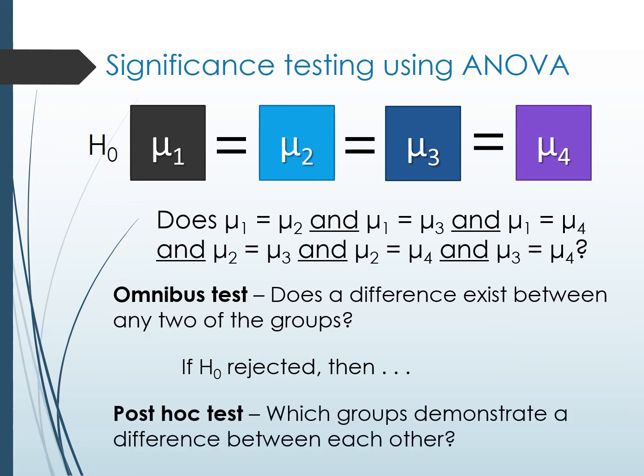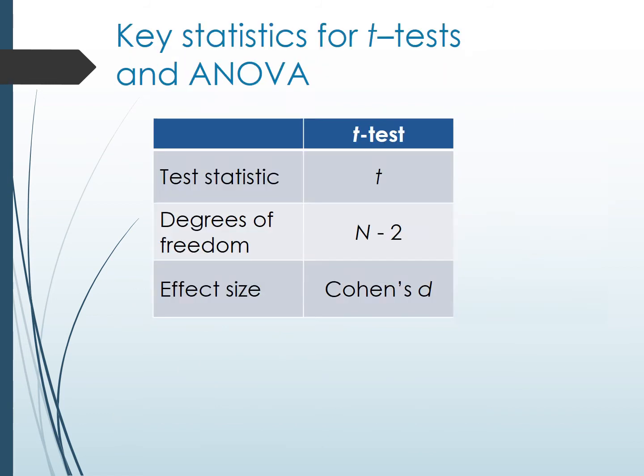So, if your null hypothesis is rejected, you'll want to run some additional tests to determine where there are differences in means between the groups. There are several such post hoc tests that may be run in this case. Post hoc tests are run after the main ANOVA and indicate which groups are significantly different from each other. When reporting results of statistical analyses, it's customary to include certain information in the write-up of the results.